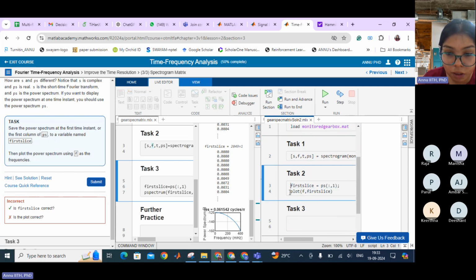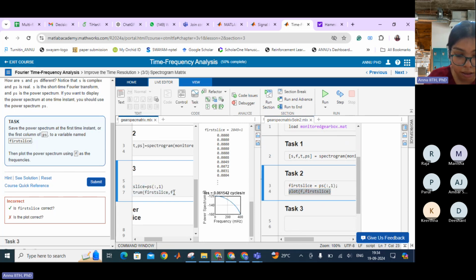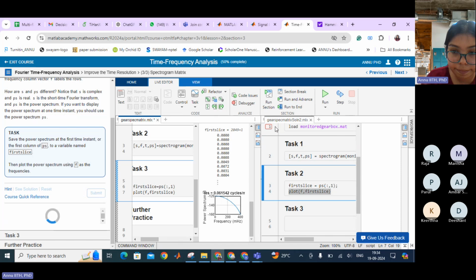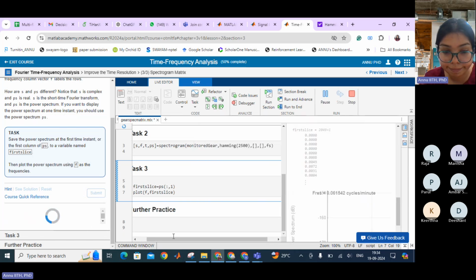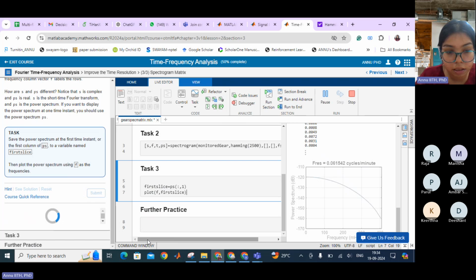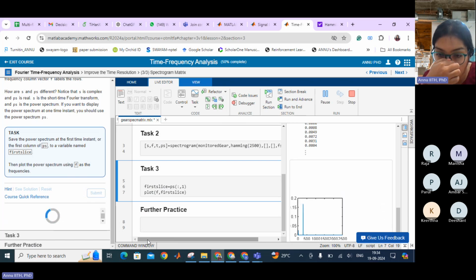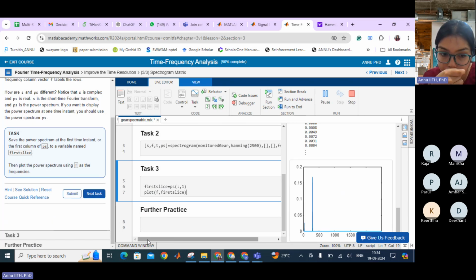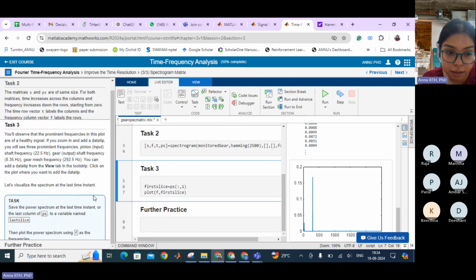Why plot this power spectrum always? So directly we can see the time domain.